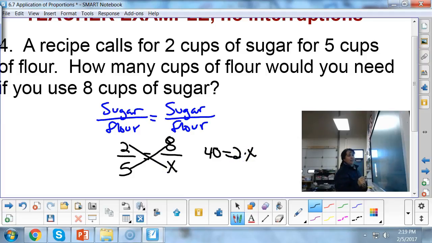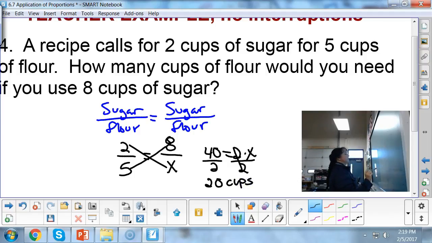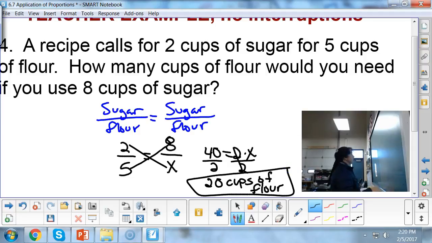I'm going to isolate or get the x alone by doing the opposite, by dividing by 2. 40 divided by 2, 20, whoops, let's label it. 20 cups of flour. Okay, 20 cups of flour.